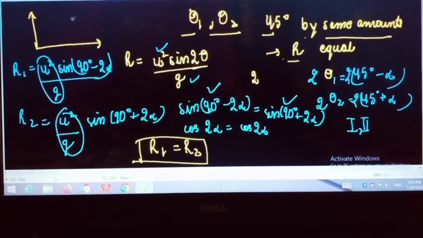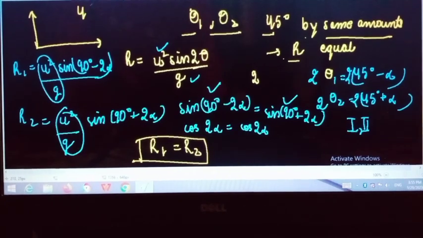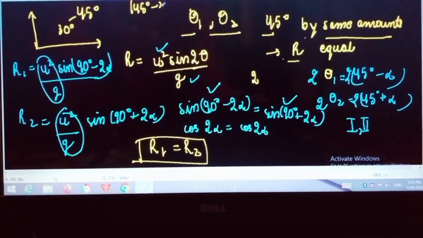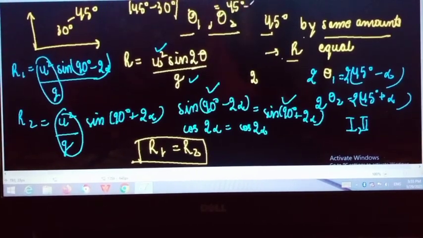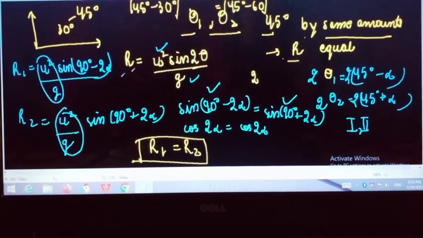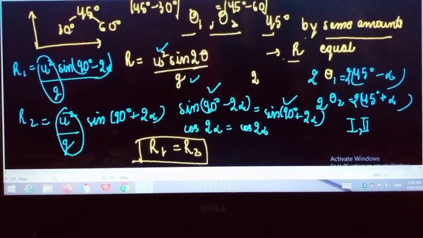For example, if I have 45 degree and 30 degree which differ from 45 degree by the same amount, that is, the modulus of 45 minus 30 and 45 minus 60 is equal. So the range for these angles, keeping them unchanged, would be equal.